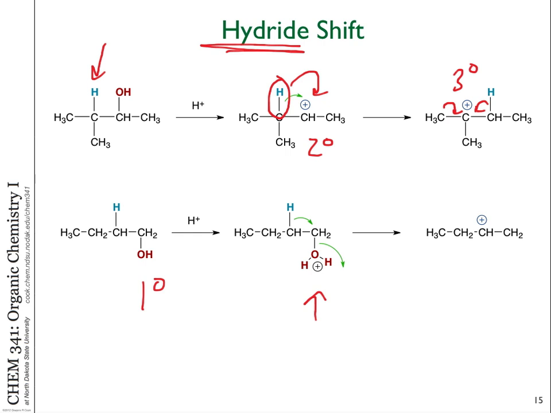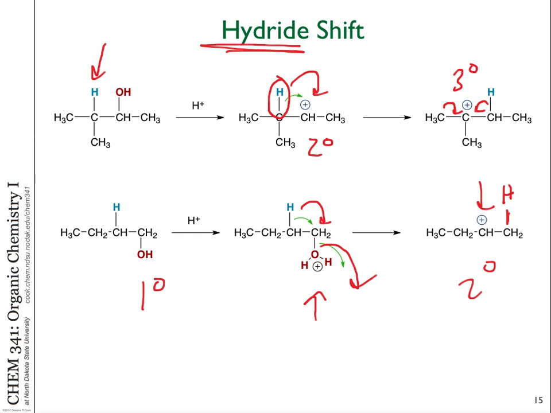I should have highlighted here, sorry, I left it off. That hydrogen that moved over is right there. So this hydrogen could hop over and leave a secondary carbocation, even though it didn't form the primary carbocation to begin with, but it happened at the same time that the water leaves. That's also possible. So even if it's a primary and you think, well, there is no carbocation, things still could rearrange to form a carbocation.